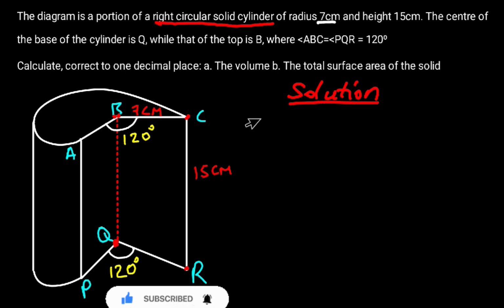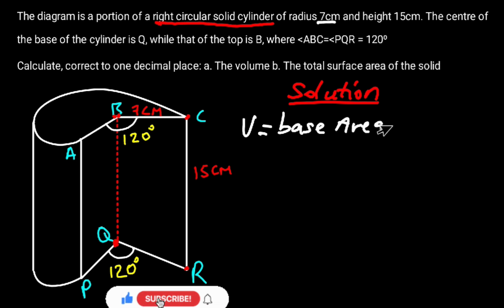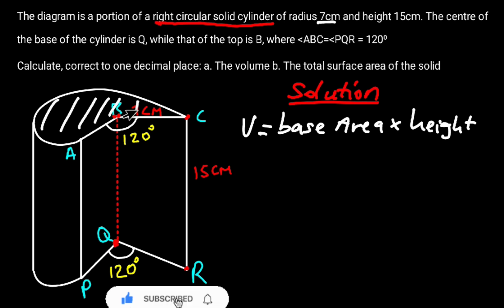Now the volume of a solid is equal to the base area multiplied by the height of the solid. Now the base area is equal to the area of the major sector of this solid. So here's the major sector, right? Because this remaining part has been cut out, so we are not dealing with this part which forms the major sector.